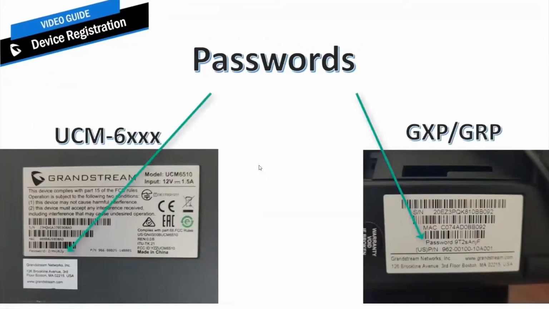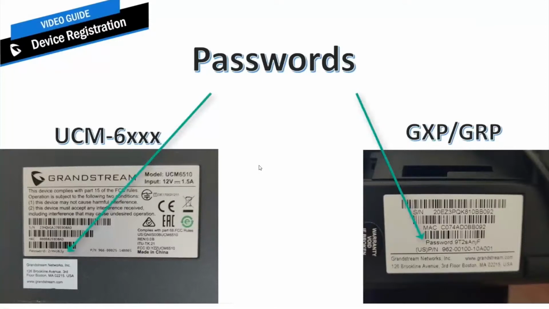Now that we know the IP address and are able to access the web GUI, all we need now is the password. So you'll find it in the sticker at the back of the device with the MAC address and the serial number. Here's an example for our UCM 6000 series or 6200 or 6300 series. You can see the password at the bottom of the device together with the MAC and serial number.